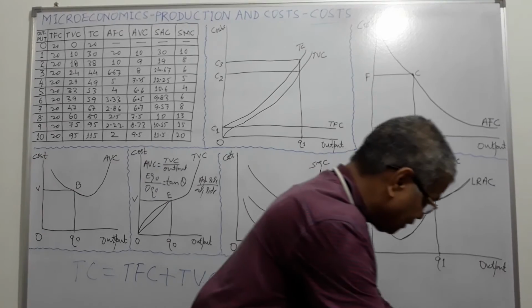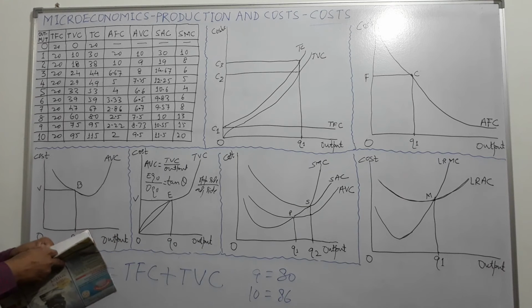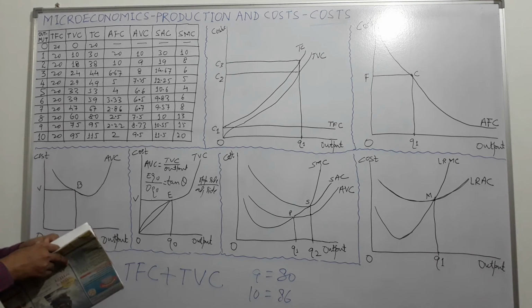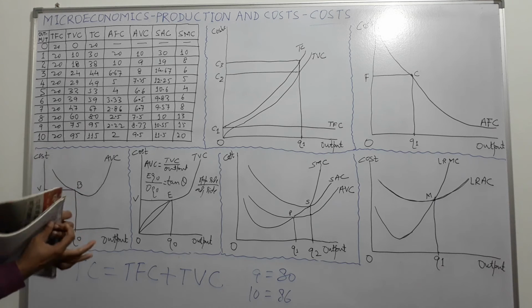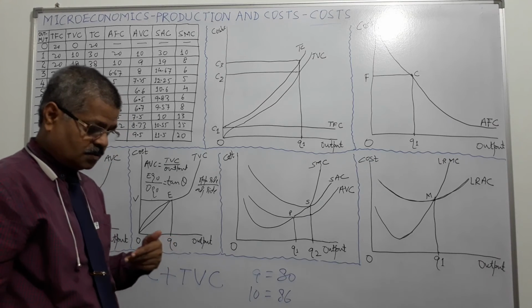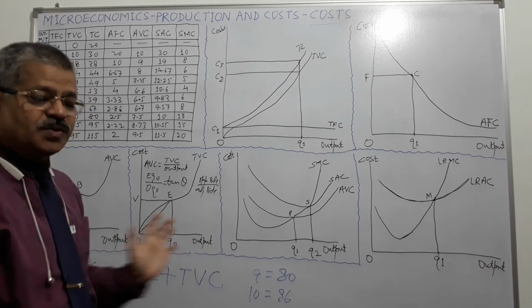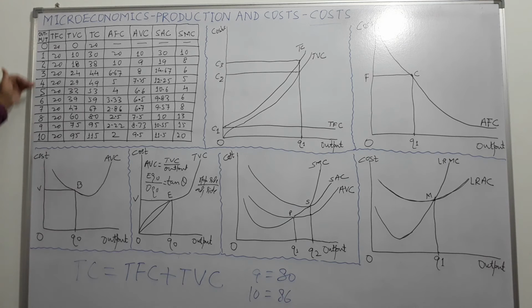So what did we see? First we saw cost. In order to increase output, a company needs to invest in inputs, and when the output increases, total fixed cost remains the same because it is a short term.